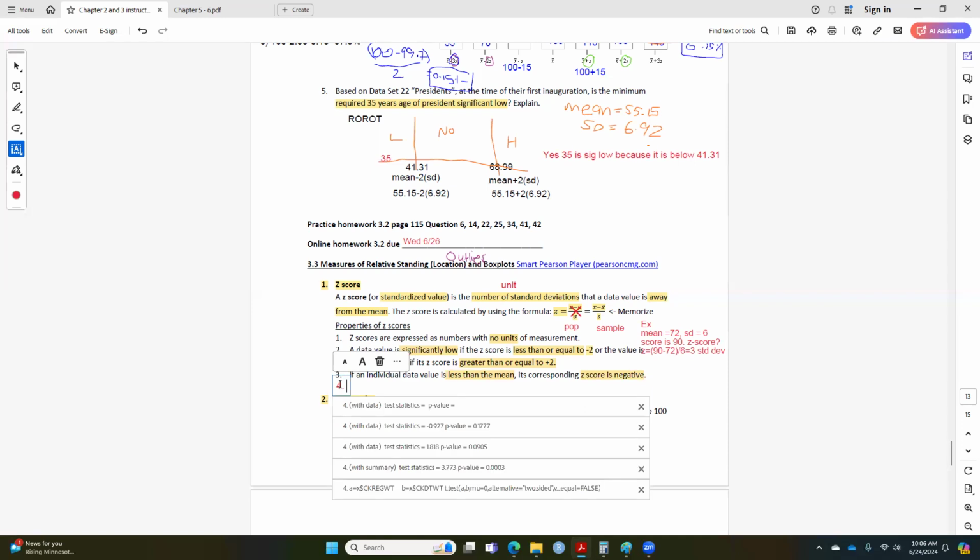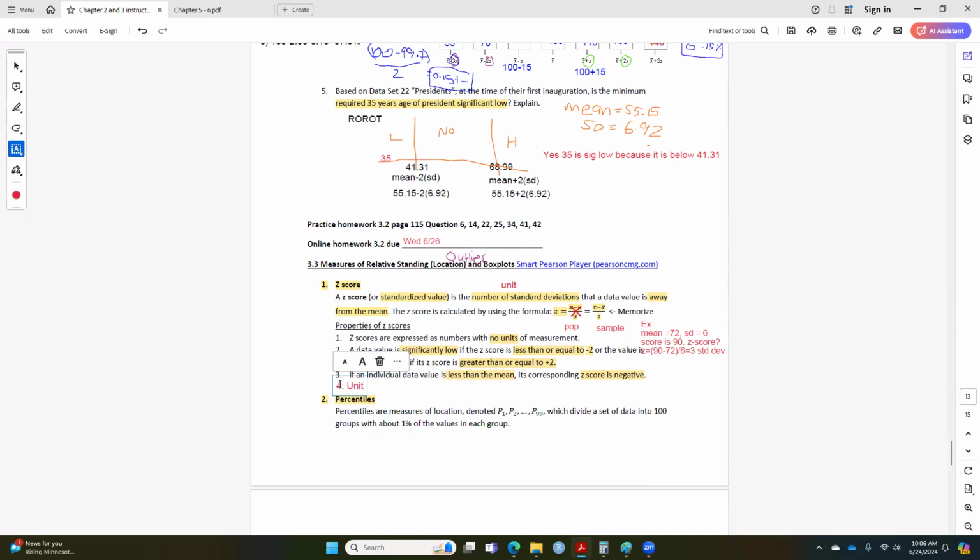The fourth one is the unit that I forgot to put in here. The unit that we will use, if it is standard deviation, has to be positive, because standard deviation cannot be negative.